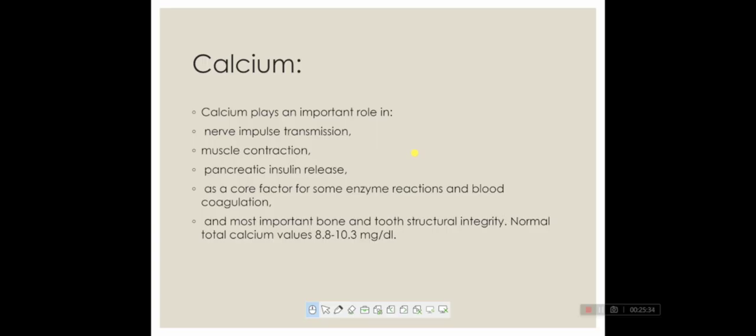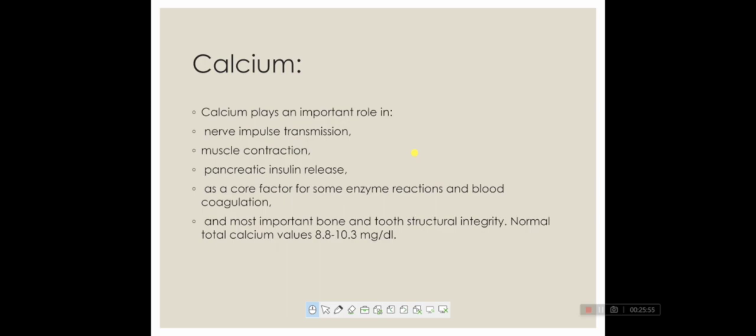Now talking about calcium. We all know calcium is a mineral which plays an important role in the transmission of nerve impulses, muscle contraction, the growth of bones and teeth, and pancreatic insulin release. It is also a core factor for some enzyme reactions and blood coagulation.